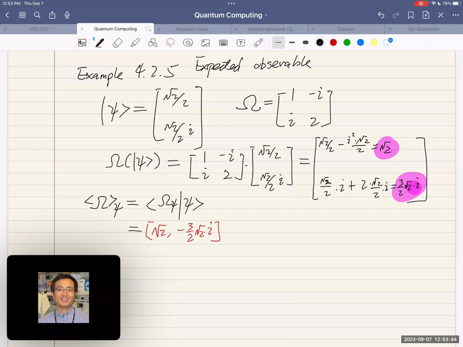And then followed by the psi, sorry. This is the bra of the upper part.